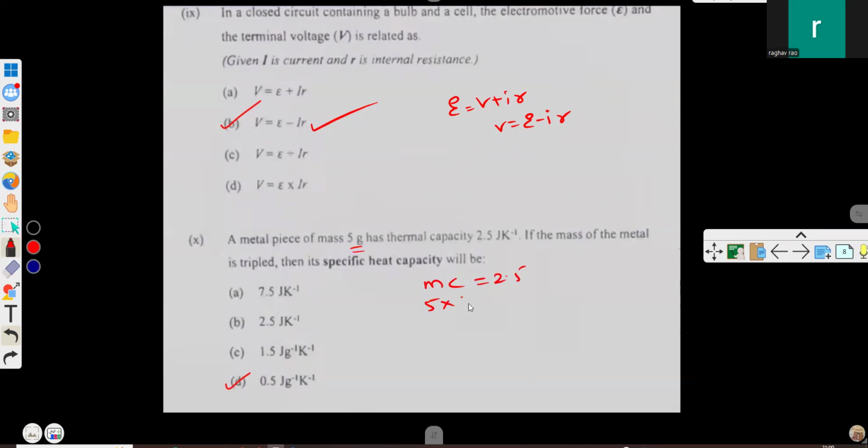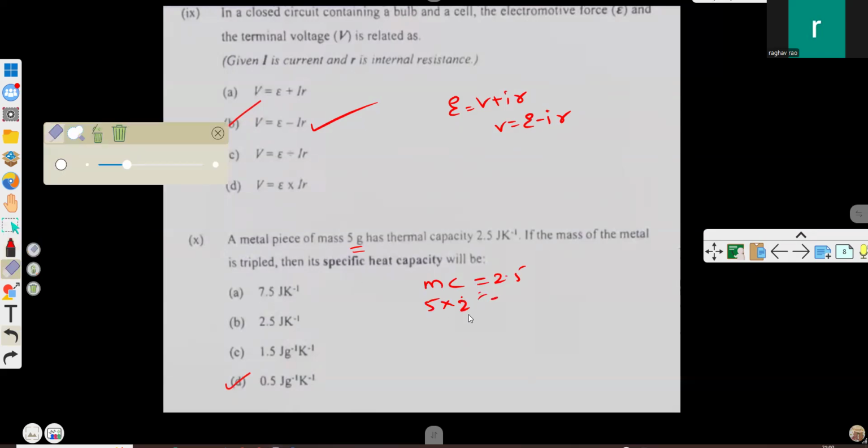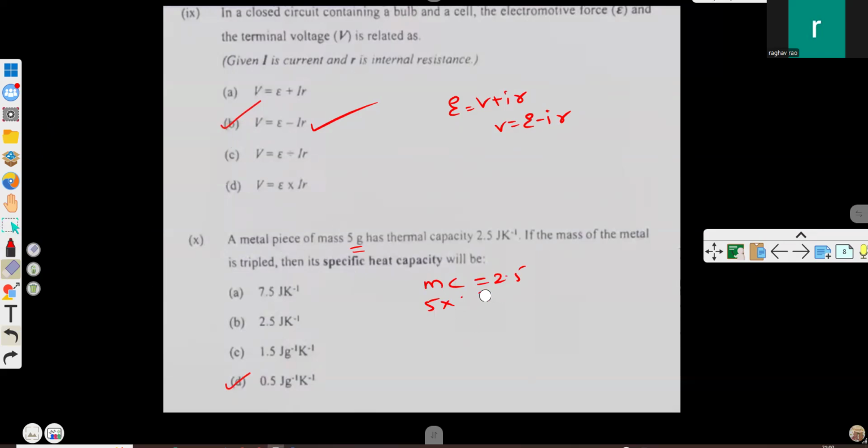We know the mass is 5 grams, so 5 into specific heat C equals 2.5.